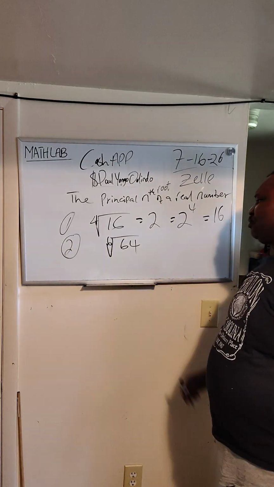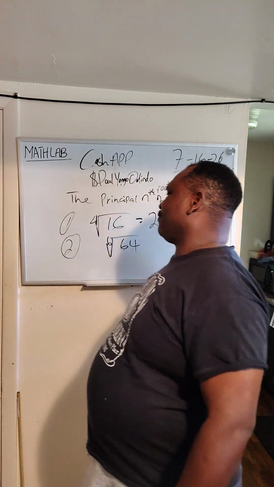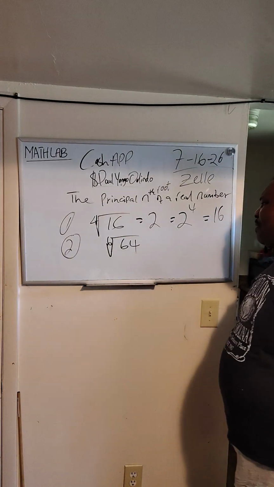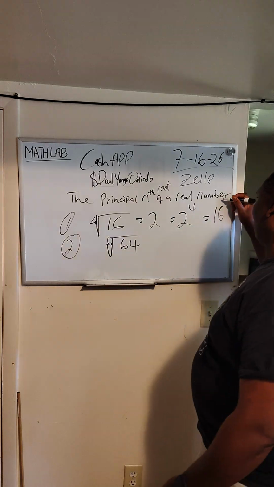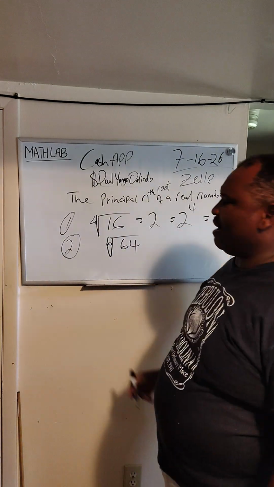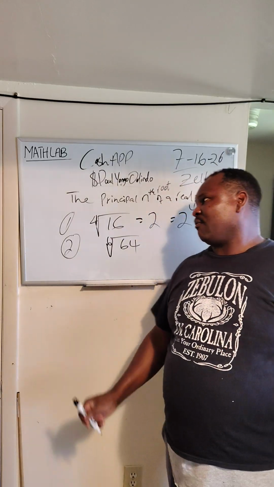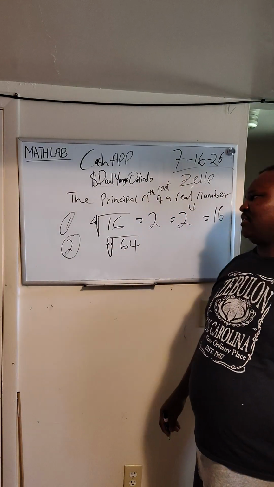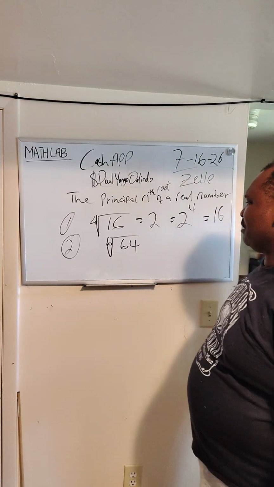We multiply that 2 and raise it to the power of 4, so that we get our answer as 16. So this right here is a real number. This becomes the nth root of 4 at the tail and 16 under the root. Hope you guys got it right.